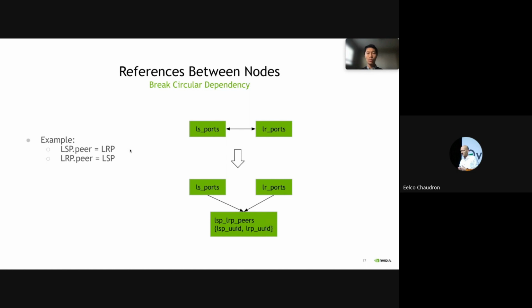And the logical router port has a peer also to this same logical switch port. So from the data structure, they actually depend on each other. If we really want to break this into separate nodes, we need to break this circular dependency. And the natural approach is to create a third node that maintains the mapping between these two nodes.